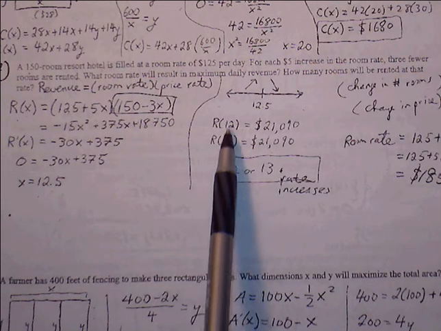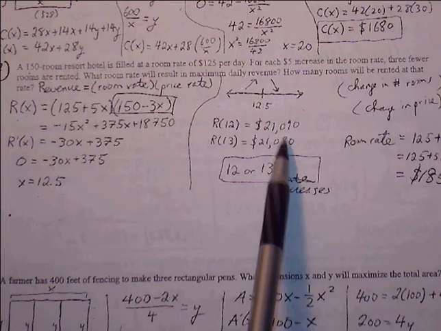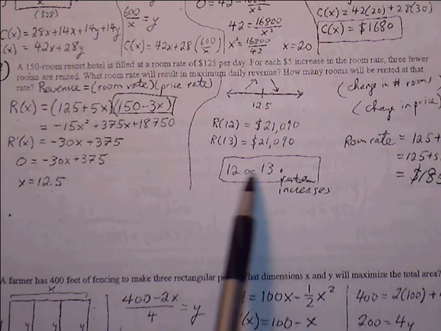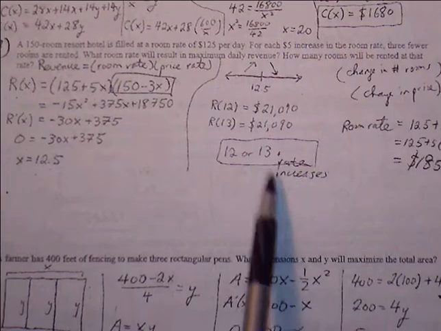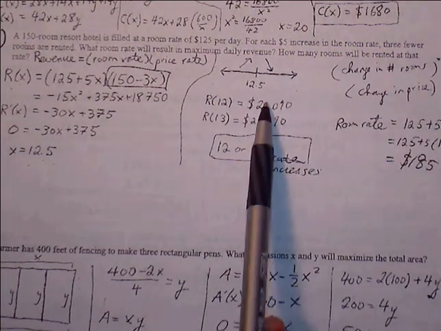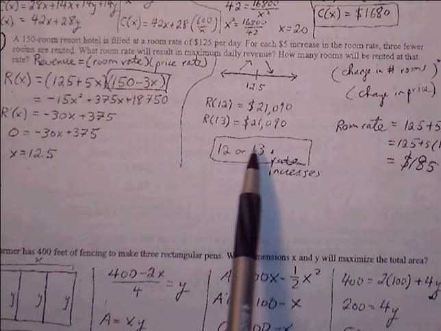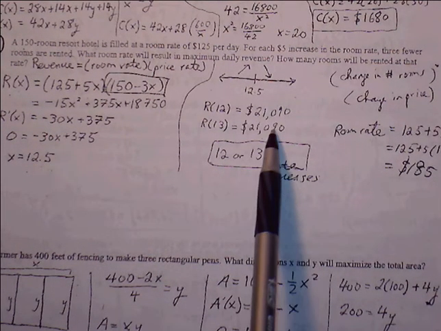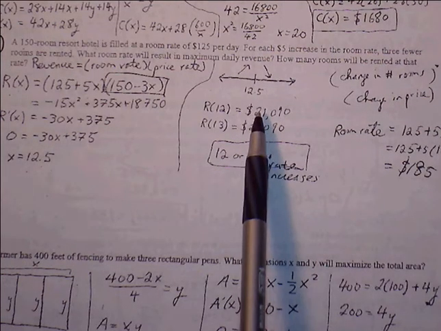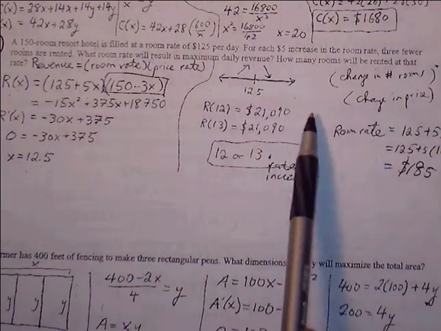It just so happens that 12 and 13 both produce the same revenue, so that means the optimal situation will occur on either the 12th or the 13th rate raise. Both 12 or 13 rate increases will produce the maximum revenue, because before 12 or after 13, the revenue will begin to decrease.